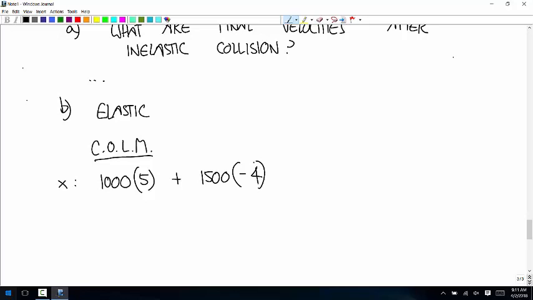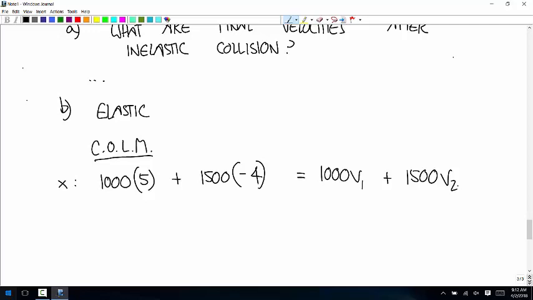If you don't have that negative in there, it's going to be wrong. And then that's equal to 1,000 V1 plus 1,500 V2.